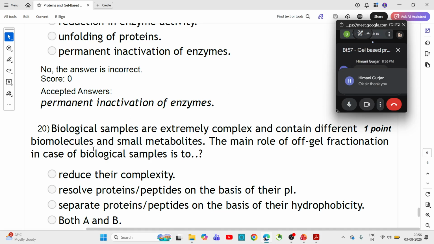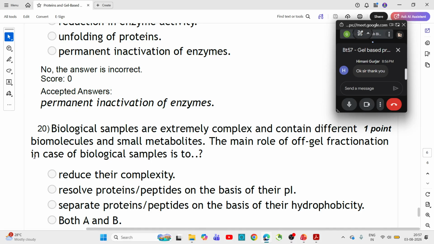So let's go through the last question once, and then we'll go through these questions again, from 16 to 20, next week as well. Biological samples are extremely complex and contain different biomolecules and small metabolites.